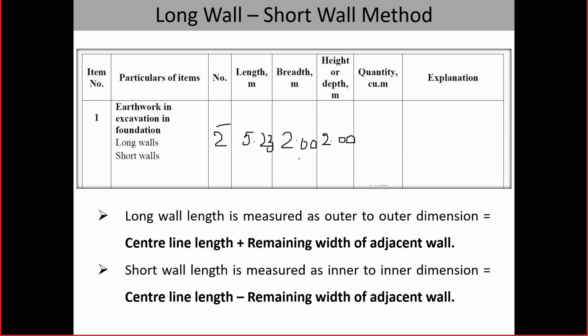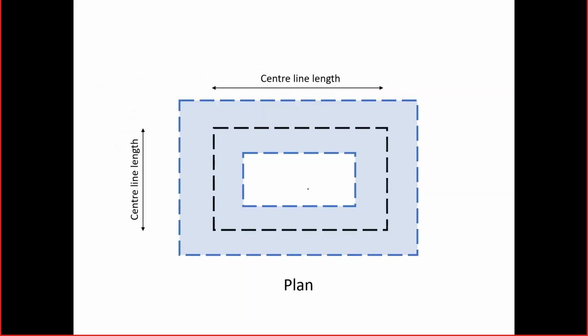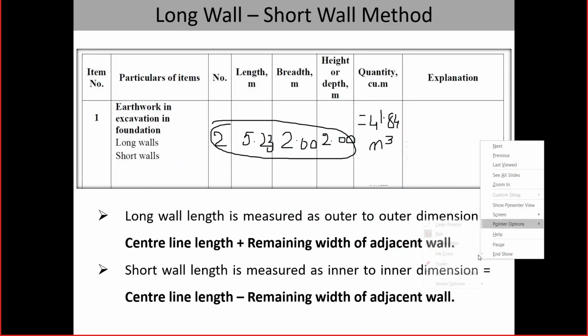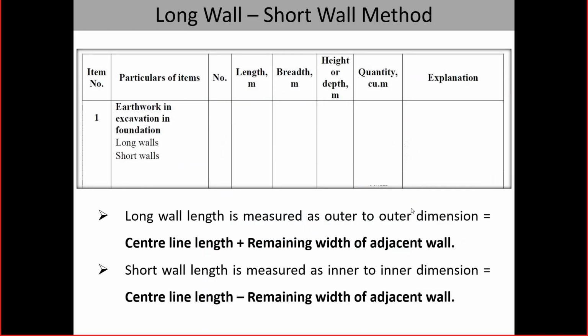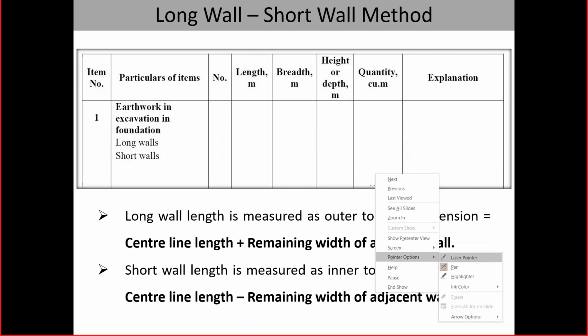So this will give me the total quantity, which is equal to how much? Yes, 41.84 meter cube of soil has to be excavated, right? Here in the explanation, we can mention how we calculated the center line length. Now, let's move on to the next slide.